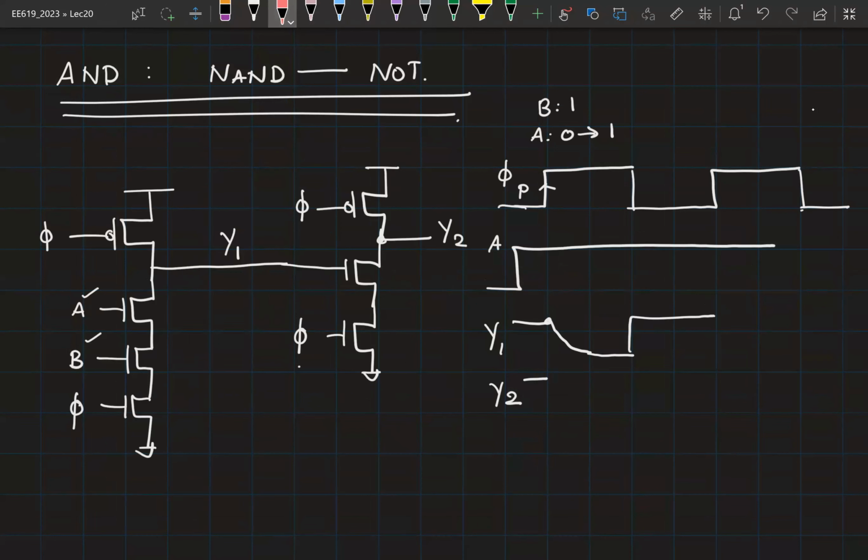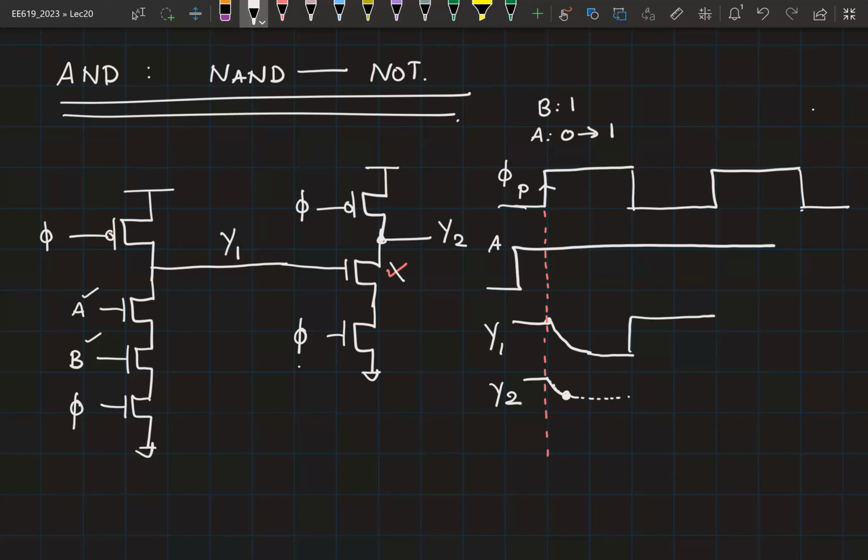At the instant when the clock has gone high, the input to its NMOS transistor is closer to VDD. So this is now going to start to discharge, right? Halfway through this discharge process, the NMOS will turn off because the input Y1 is now below its threshold voltage, right? So at this instant, this is now going to turn off, and then it will hold whatever value was there at that point at which it has turned off.